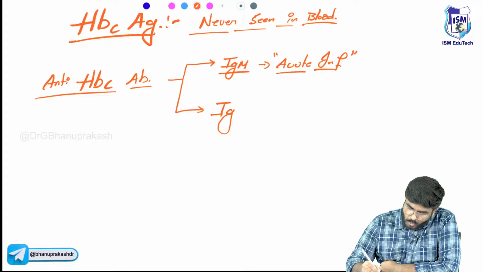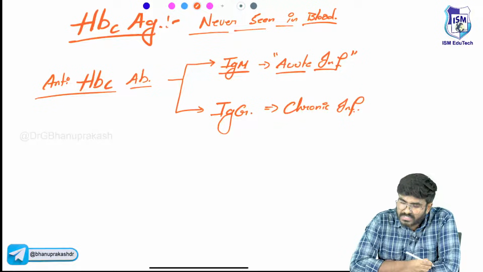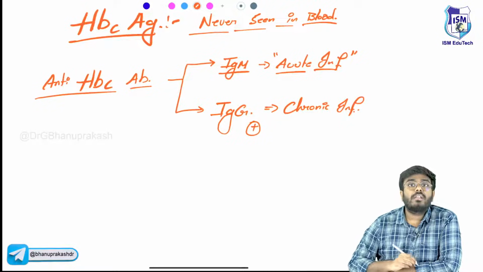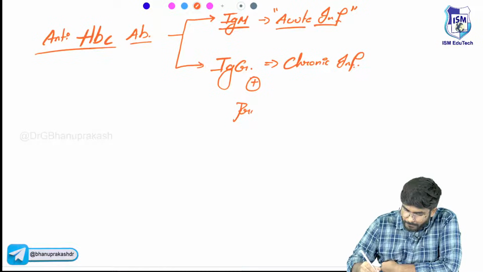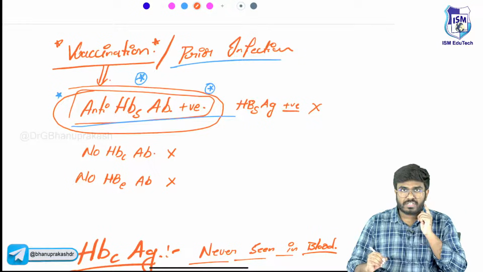If you see core antibodies of IgG type, it indicates chronic infection. IgG type are seen in chronic infection. They are also seen in prior infection.